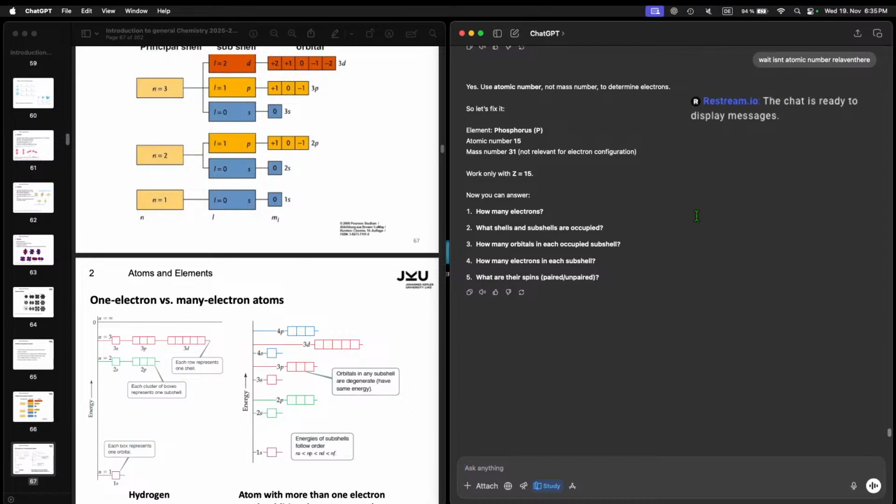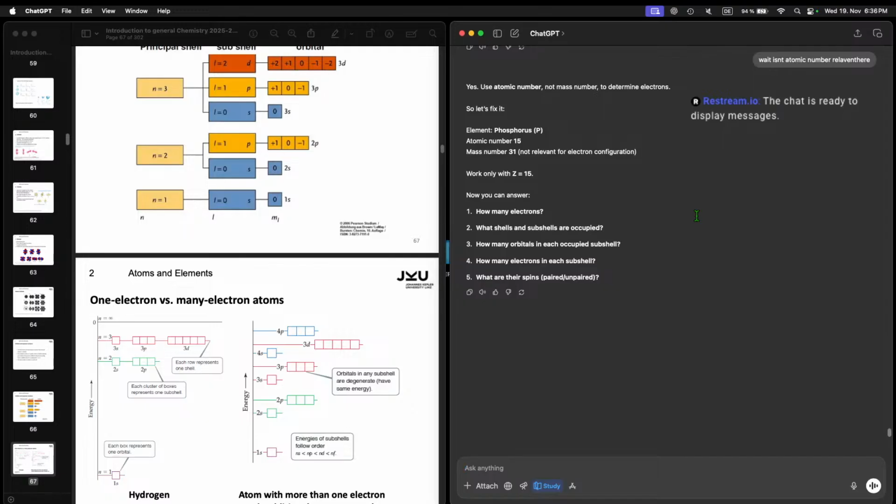So 1s, 2s, 2p, 3s, 3p, 4s, 3d, 4p, 5s, 4d. Okay, so 2, 2, 6, 2, 10, 12, 3. Okay.